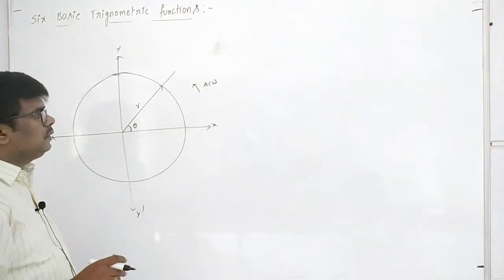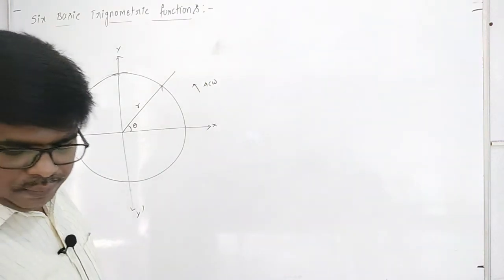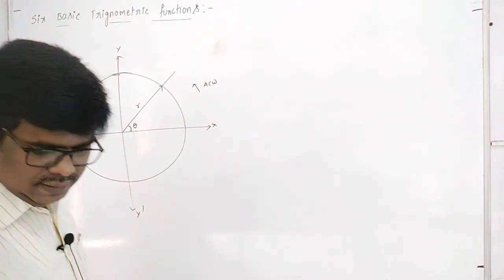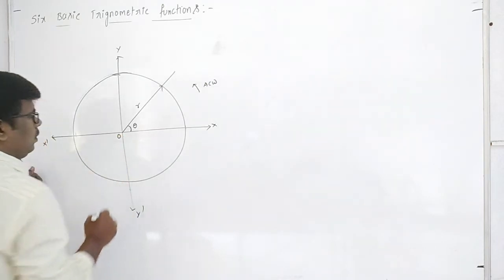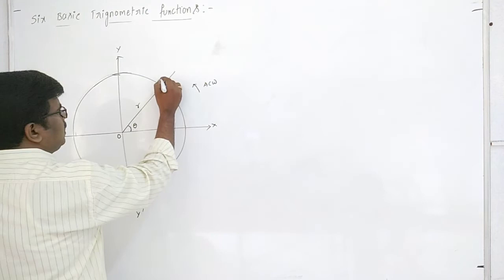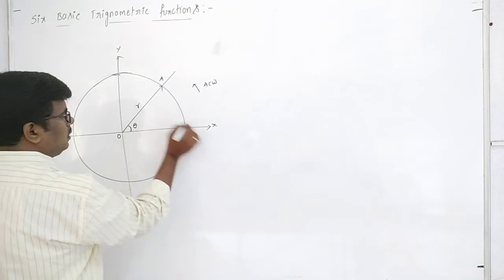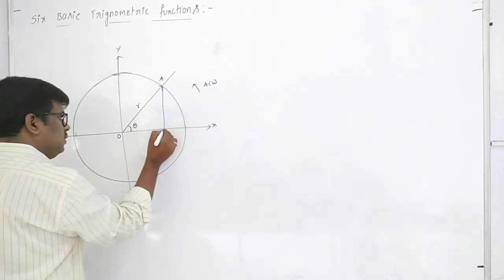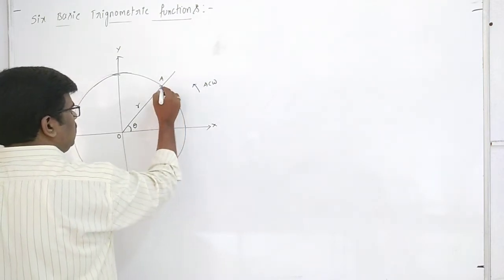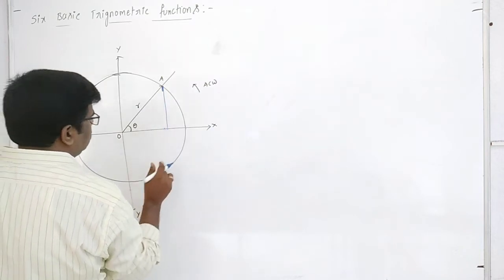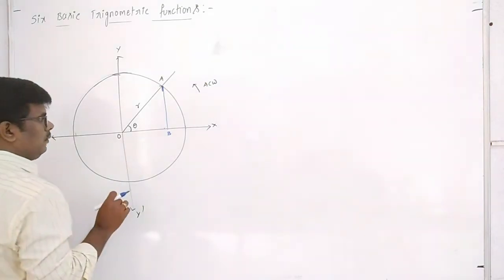Now if you draw the normal onto the x-axis from this point P, take this as the origin O, and this as the point A. From point A, if you draw the normal onto the positive x-axis, this is the normal AB, and this is OB.